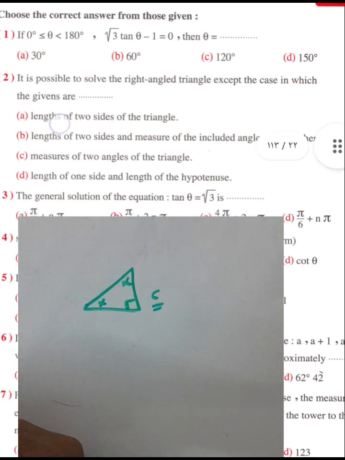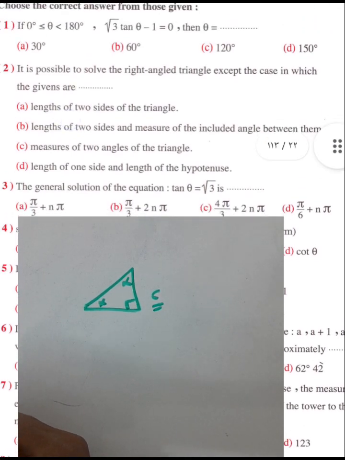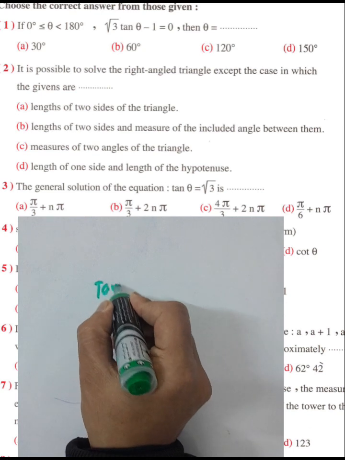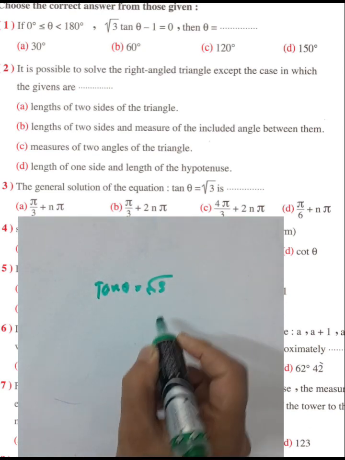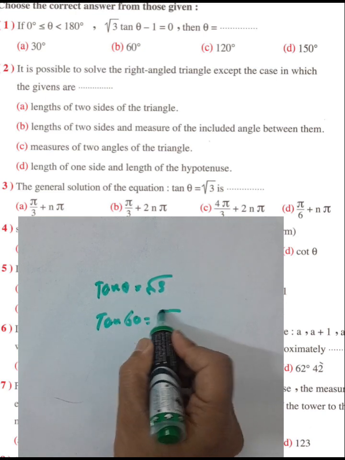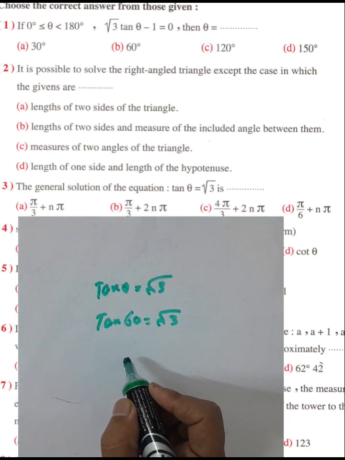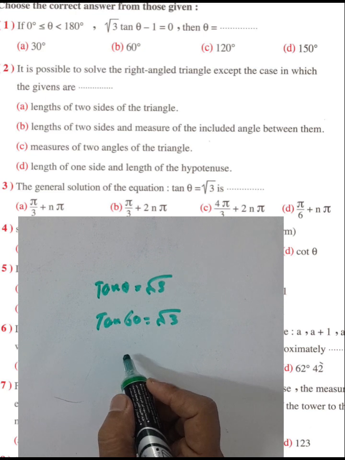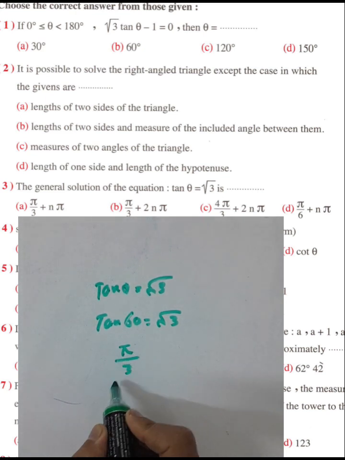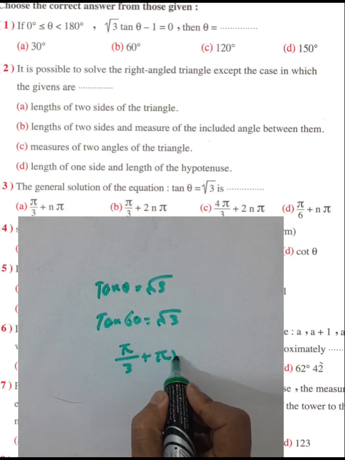Question number 3. The general solution of the equation tan theta equals root 3. We know tan 60 equals root 3. Then the general solution for this angle 60 is pi over 3 plus pi times n.